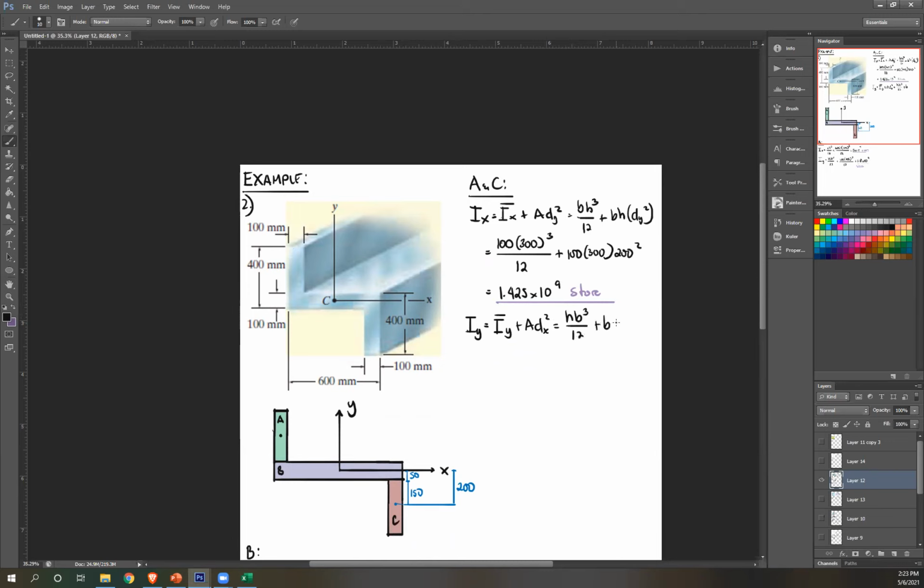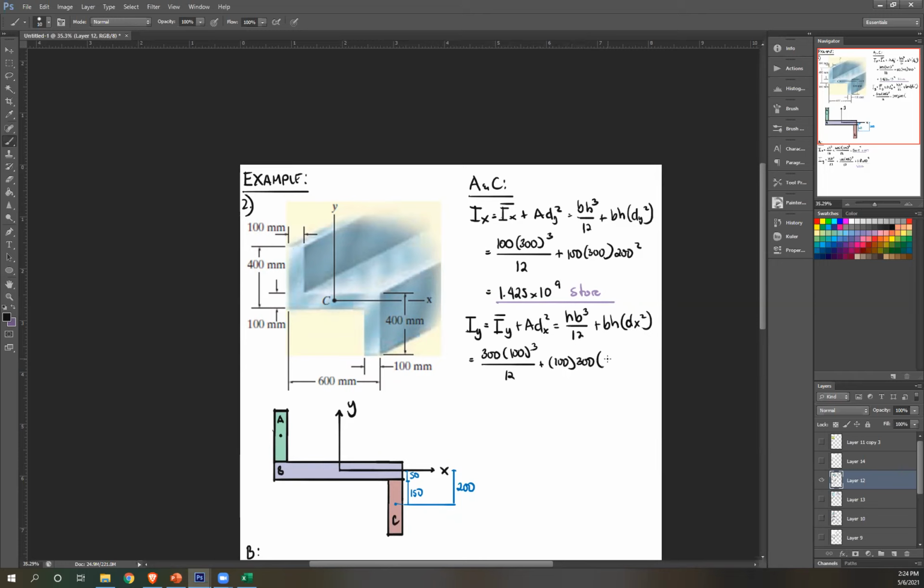Then area is still bh, or hb if you prefer that, and then d x squared. Okay, let's plug in our values. Height is 300. So 300 times 100 cubed over 12 plus area. That's 100 times 300.